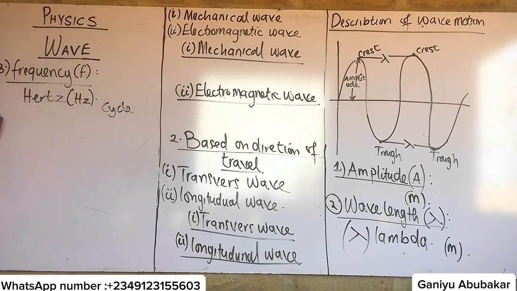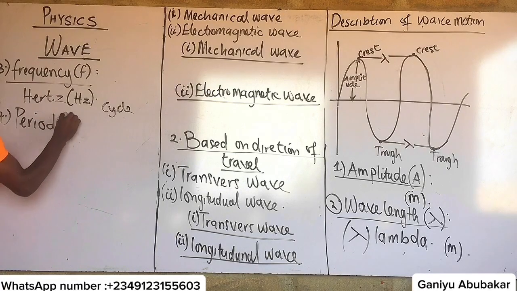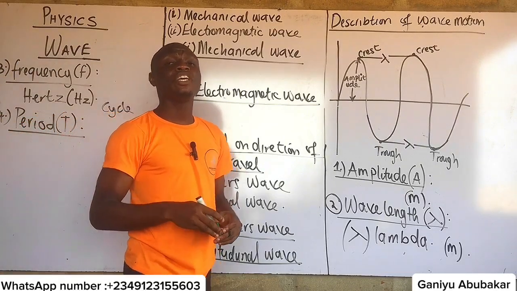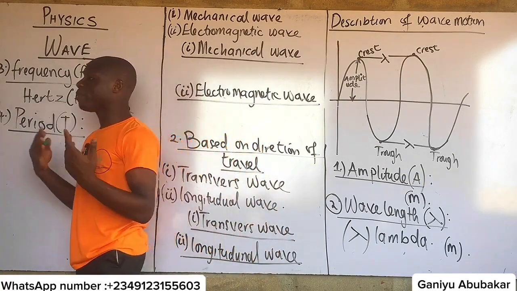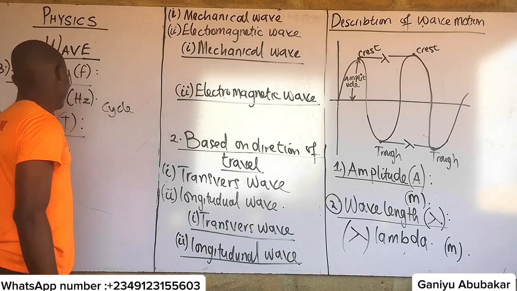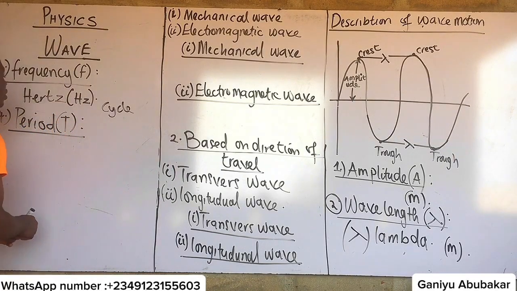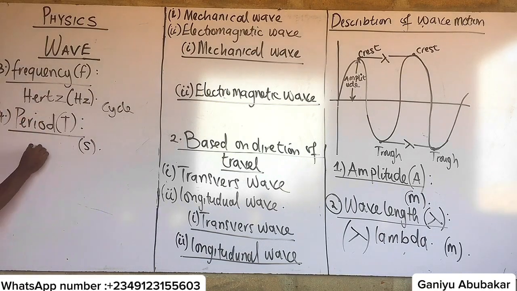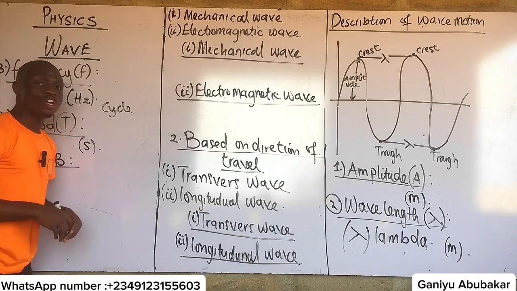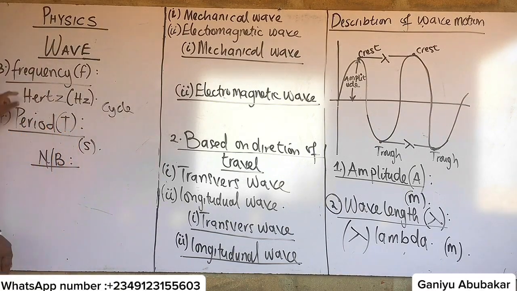Let us call the fourth concept period, capital T. Definition: a period is simply the time it takes a wave particle to complete one oscillation. Period is measured in seconds.